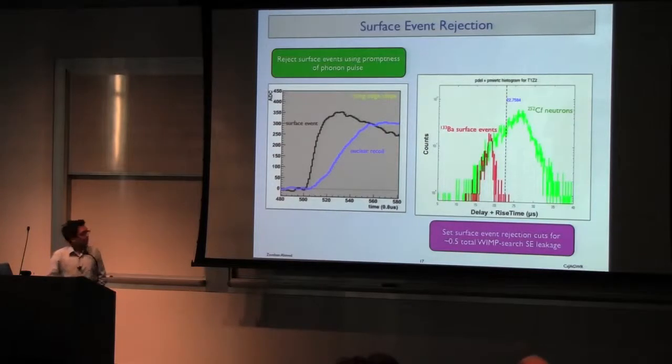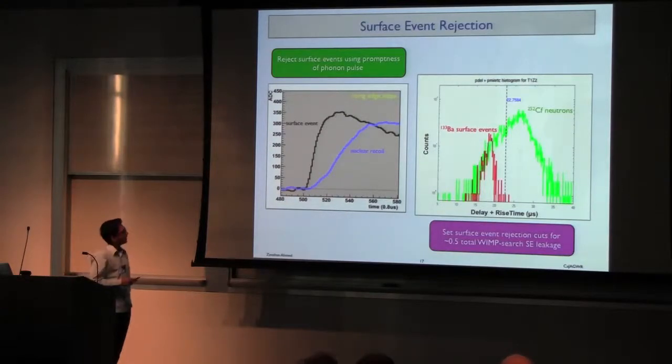So the cool thing about the phonons is the arrival times are different for these different kinds of events. Surface events are closer to the surface, arrive faster, and so the pulses are faster. A nuclear recoil is in the bulk of the detector, and so has a slower pulse. And using this timing parameter, you can discriminate against surface events.